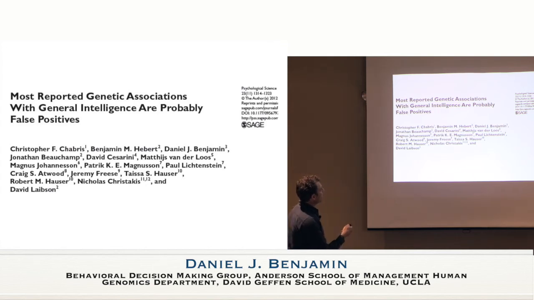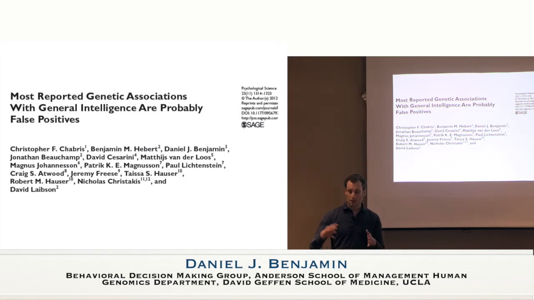Led by Chris Chabris, who's a psychologist, and David is also a co-author in this paper, a number of us set out to systematically look at associations with candidate genes for cognitive performance. So we looked through the literature. There was a literature review on all of the candidate gene associations with cognitive performance. So we identified all of the genes that had been associated.